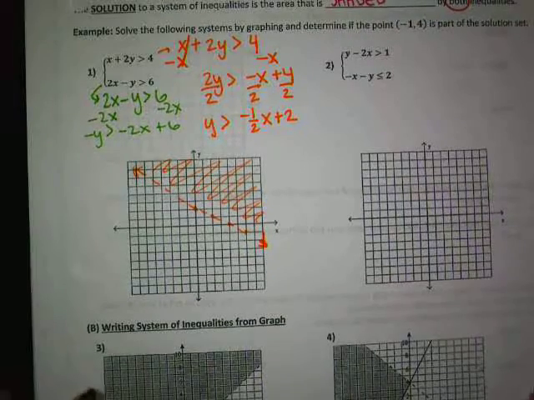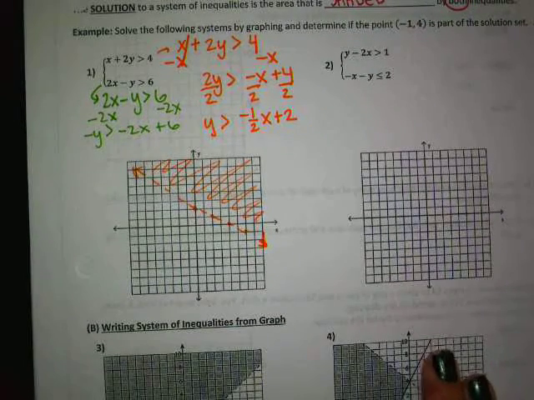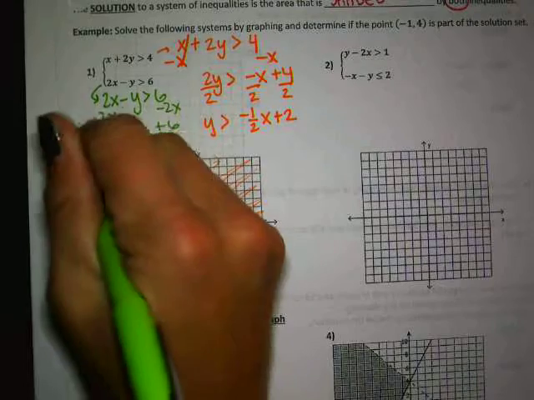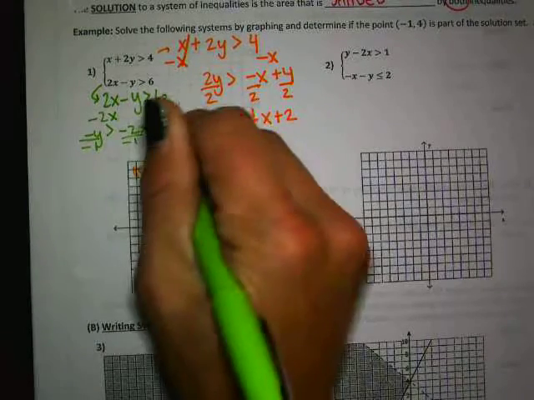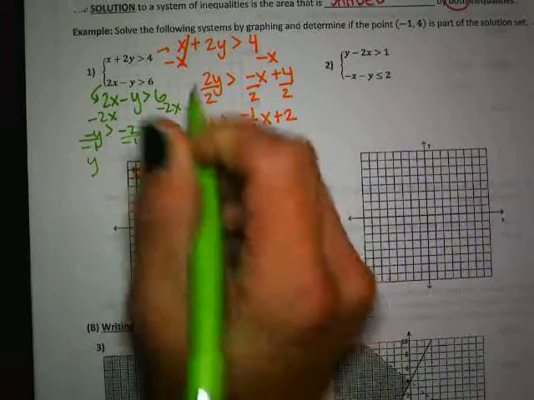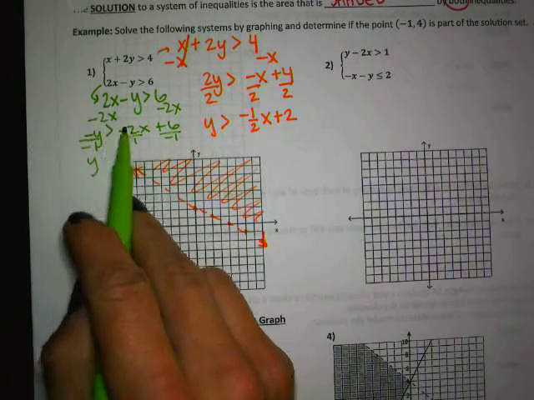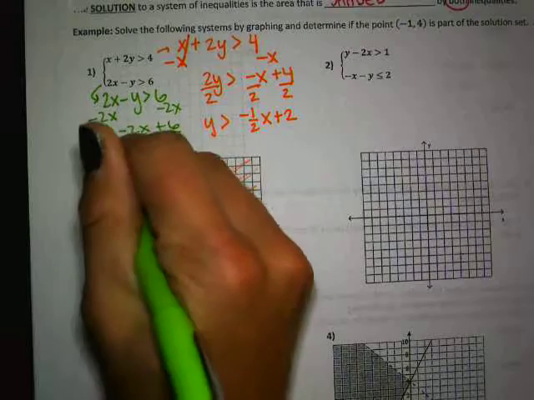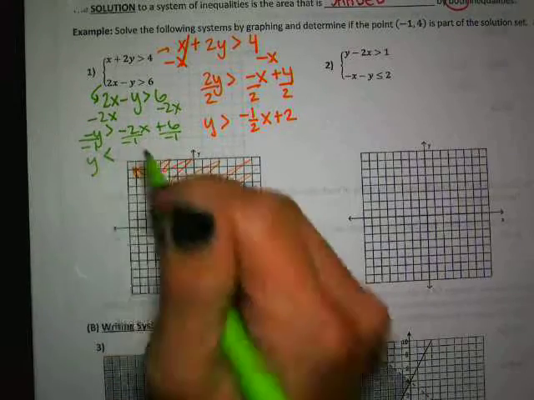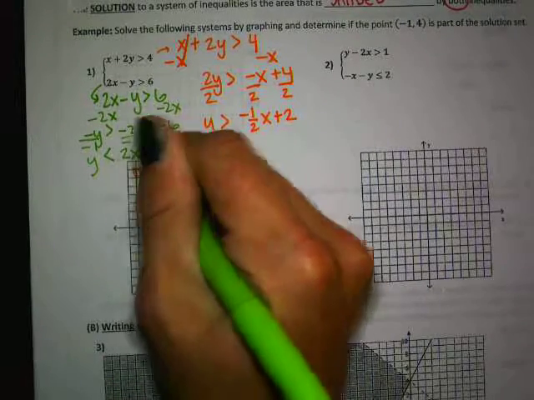Okay, and then what? Divide by negative 1. When I multiply or divide by a negative, you switch the inequality sign. So instead of it being a greater than, we are going to switch it to a less than. So y is less than 2x minus 6.